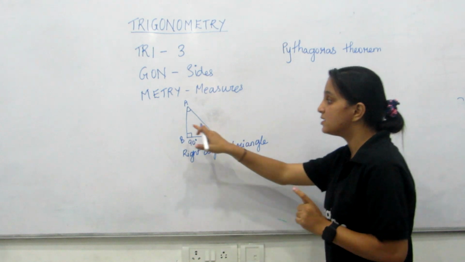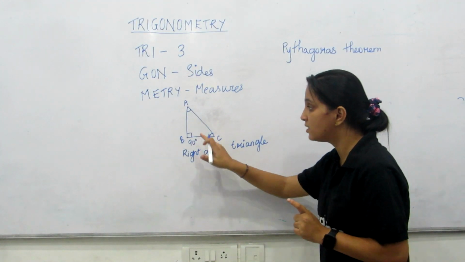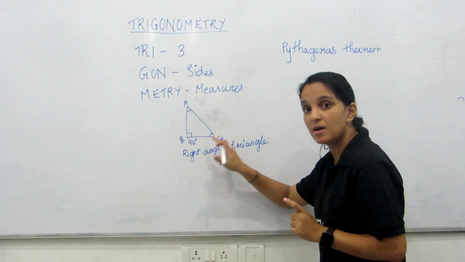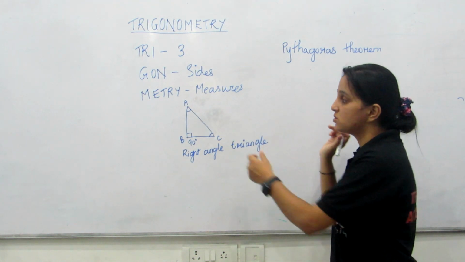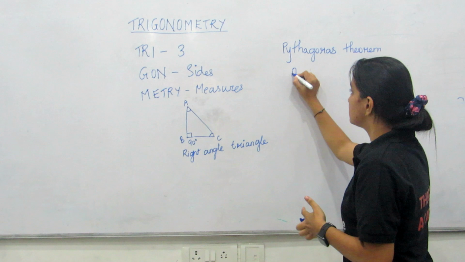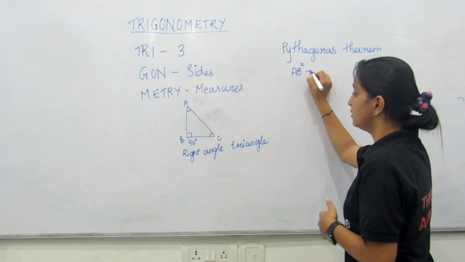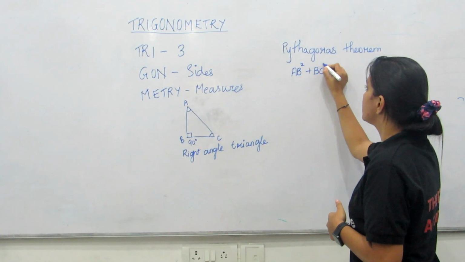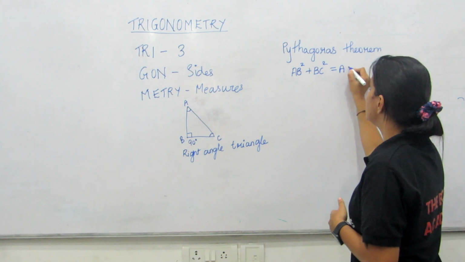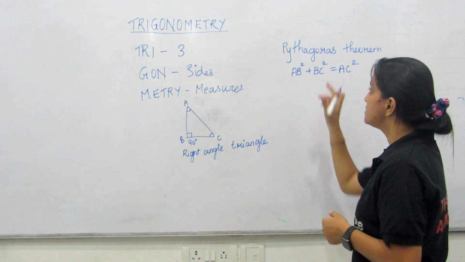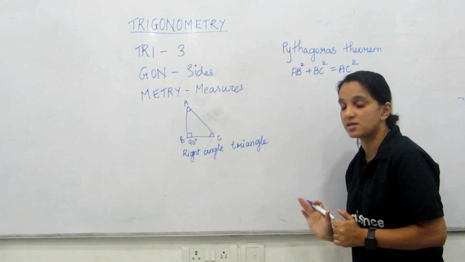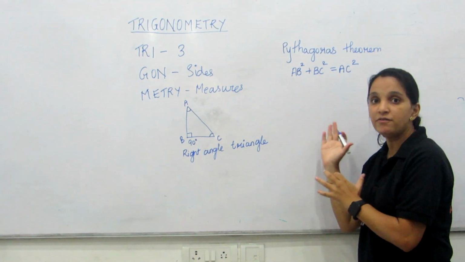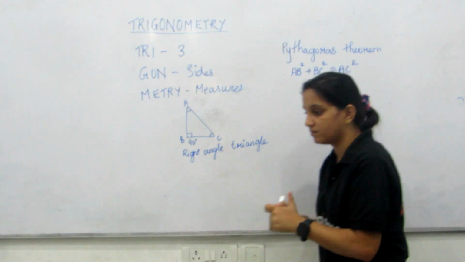It says the sum of the squares of the two sides is equal to the hypotenuse square. So it says AB square plus BC square equal to AC square. This is the Pythagoras theorem, and this we will use in this trigonometry lesson.